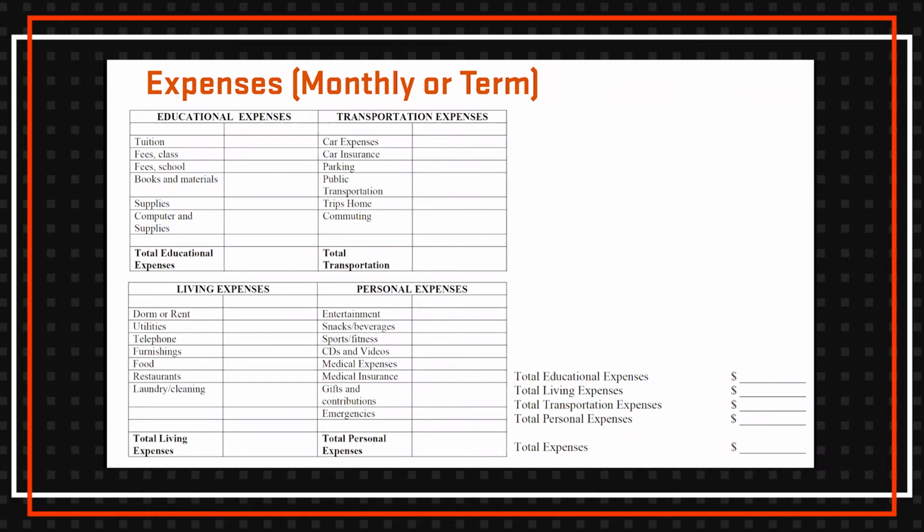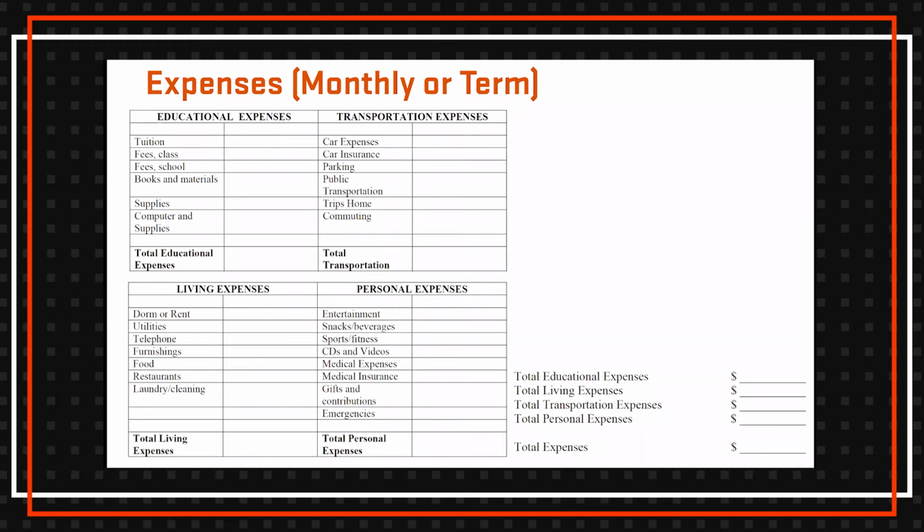And then we see on another part of it, transportation expenses. This could include your vehicle, car insurance, parking fees, whether or not you're using public transportation and how much that's going to cost, going home to visit family for vacation, Thanksgiving, holidays, maybe just the weekends, or whether you're commuting from home to school, how much is that going to cost per month or per term?